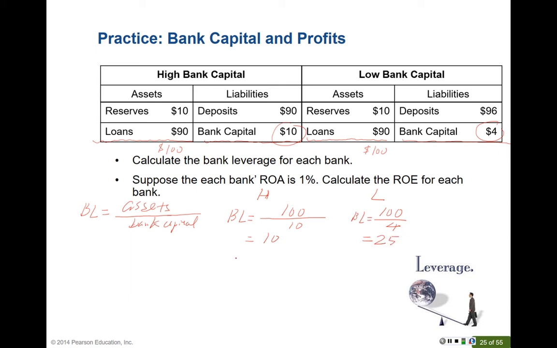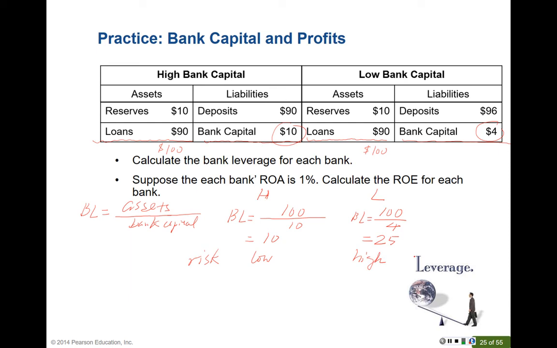Here I can ask you the question: which bank faces the higher risk, the high bank capital or the low bank capital? The answer is, for the risk, high bank capital has a lower level of risk. Low bank capital has a higher level of risk.